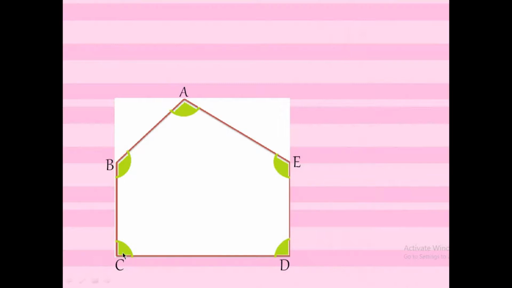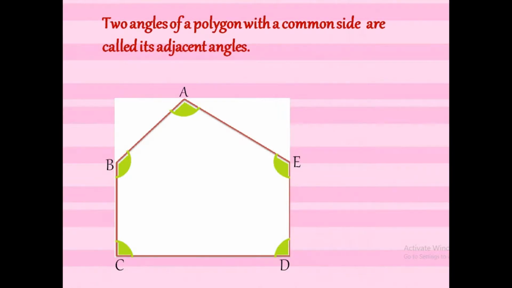In the same way, angle C and angle D are adjacent angles because they have a common side CD. So how can we define adjacent angles? Two angles of a polygon with a common side are called its adjacent angles.